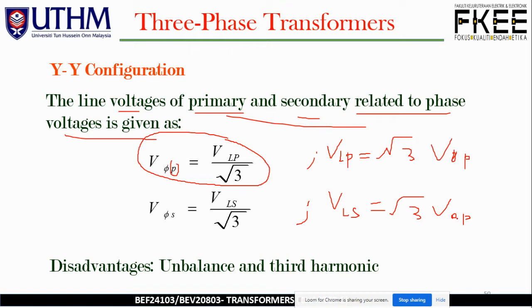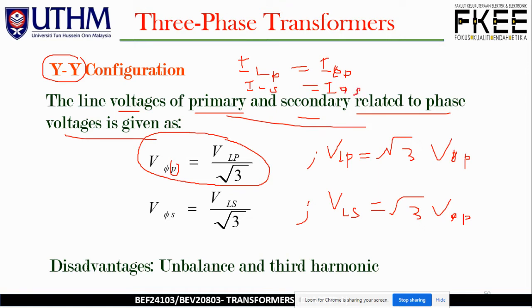So it happens at both sides, primary and secondary, because we are subjected to star configuration. Whereby the I line primary is equal to I phase primary, and similarly I line secondary is equal to I phase secondary.